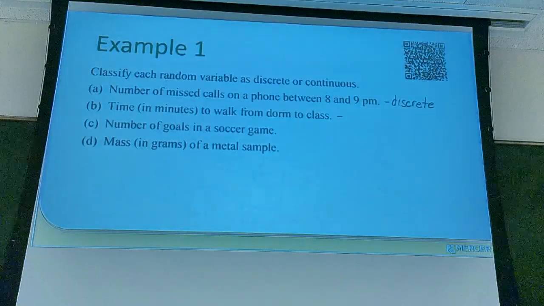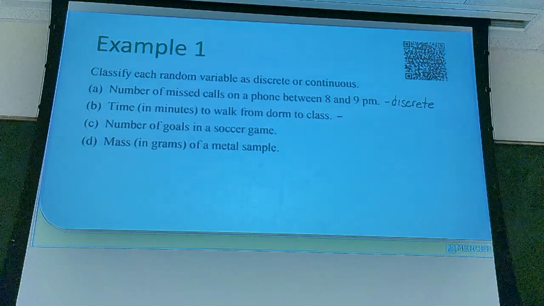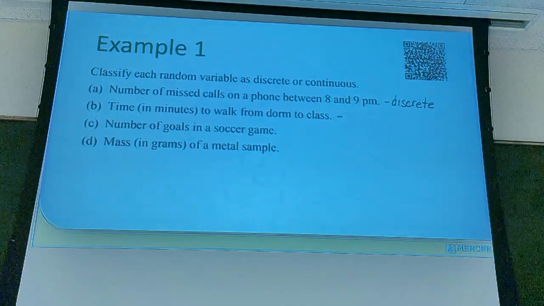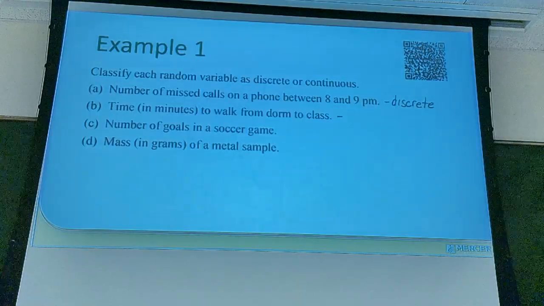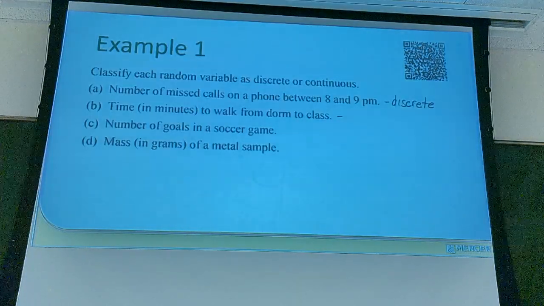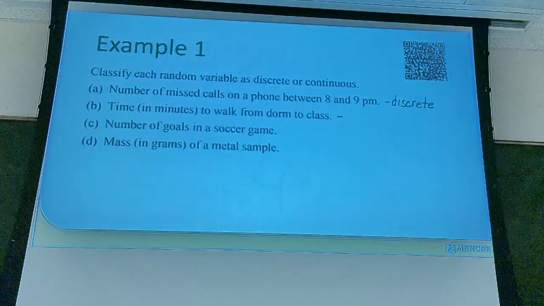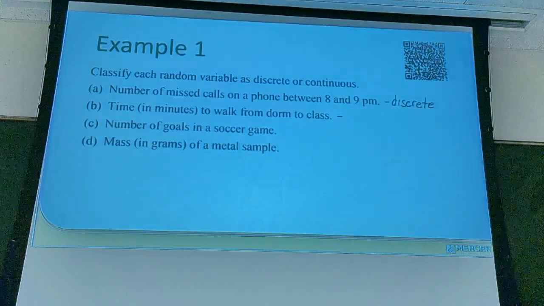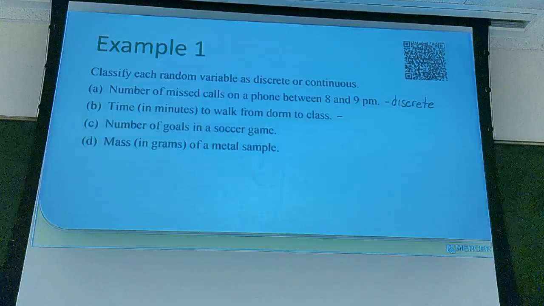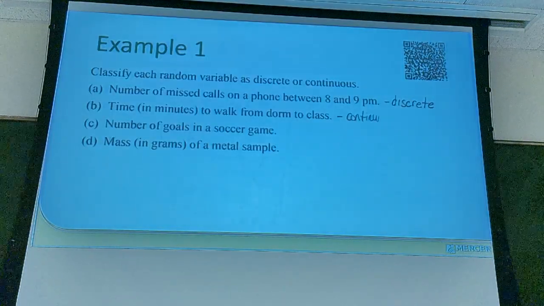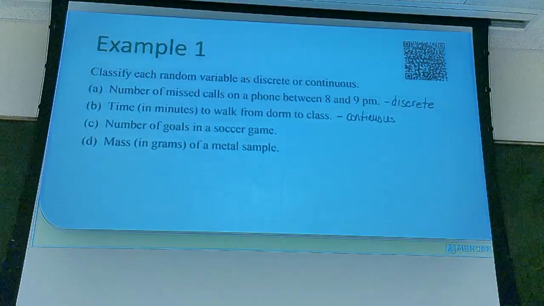Time in minutes to walk from dorm to class. What is it? You can have fractions of a minute, right? That would be continuous.